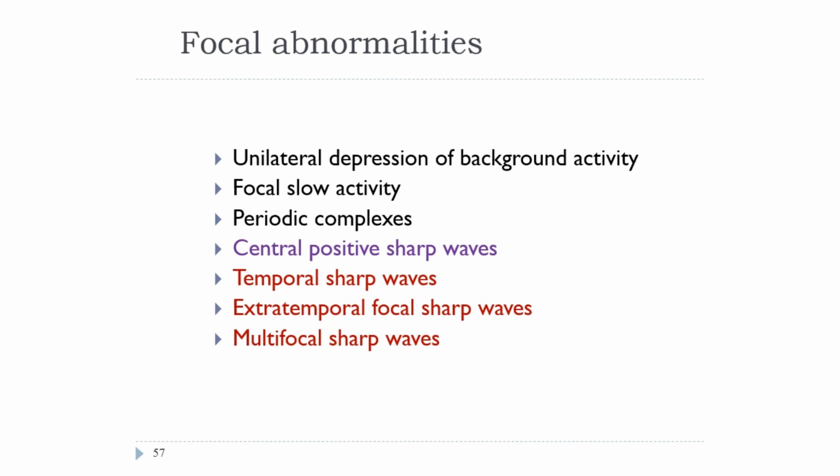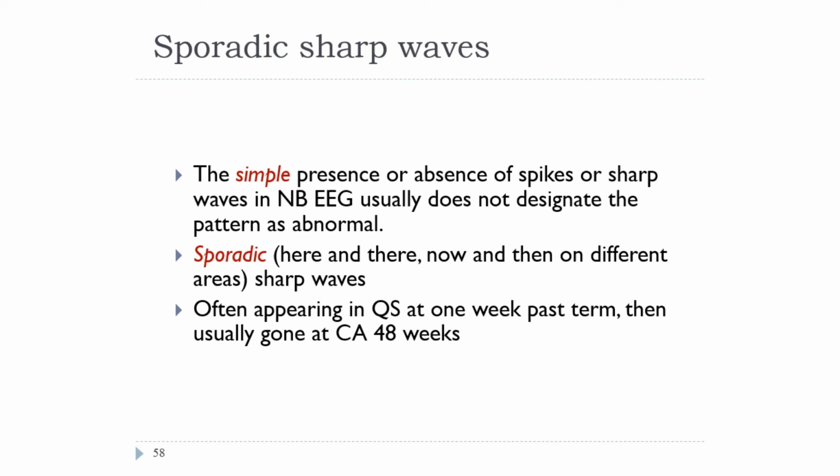Focal abnormalities include abnormal focal background activity as well as focal spikes. Remember, we mentioned earlier that the normal sporadic multifocal sharp waves for neonates are gone at 48 weeks.